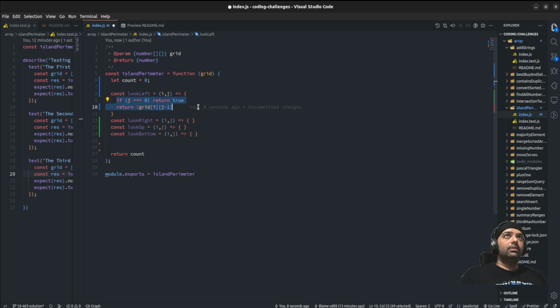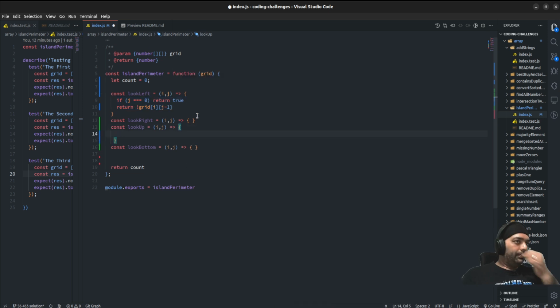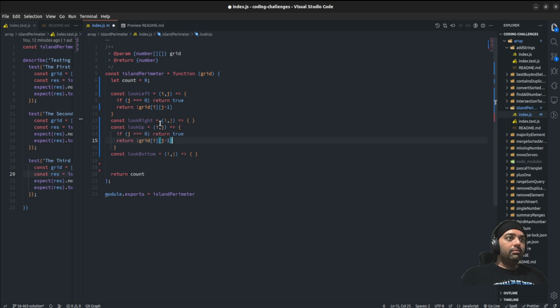So for lookUp, we would be doing the same thing, but here the change would be i, and we would be giving i minus 1, and it would be j.